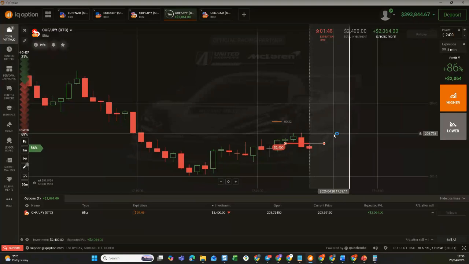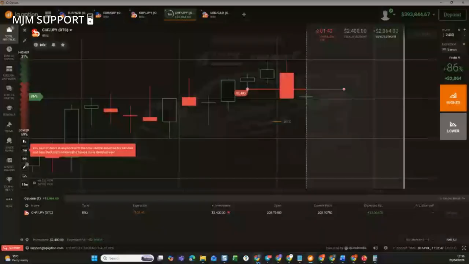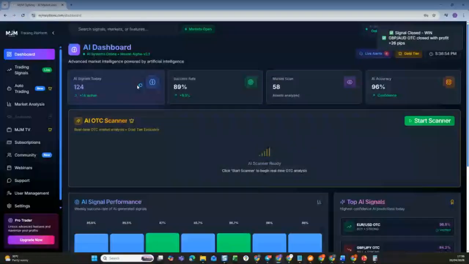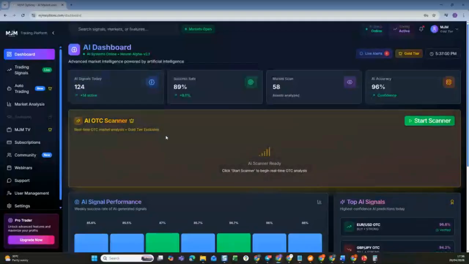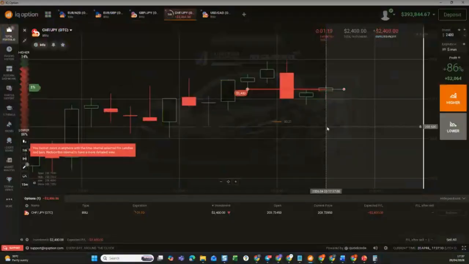Okay, so I'll go over it again one more time. How do you get access to the AI? Very, very simple. 3 simple steps. The first step is to register on mgmoptions.com where the AI is, and you send me the email you registered with. Now, the second step is for you to register using our link on IQ Options.